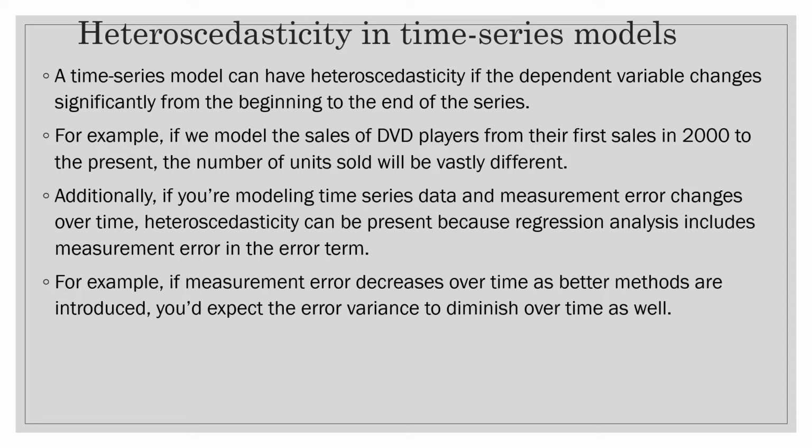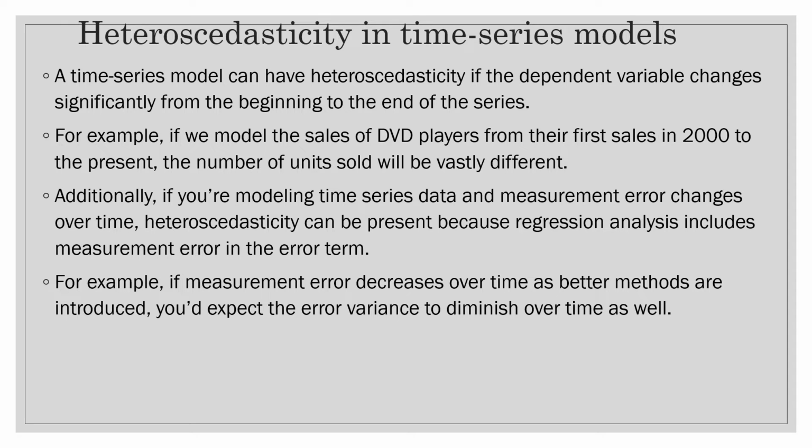The dependent variable changes significantly from the beginning to the end of the series. If you take an example, just think about a model of the sales of DVD players from the first sales in 2000 to the present, then the number of units sold will be vastly different, right?